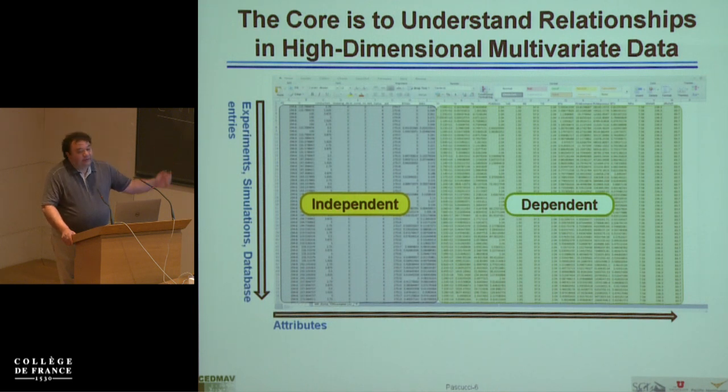Some may be independent, like if you have domain and range in a function. But often, when you explore data, those dependent and independent variables can be exchanged depending on what you're focusing on, what type of relationship you're trying to understand. And of course, the rows in the table are the different acquisitions. And by the way, some of the columns could be just the location. So point sets are a great example of that.